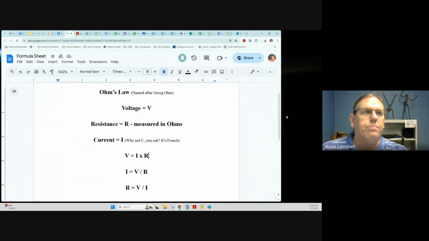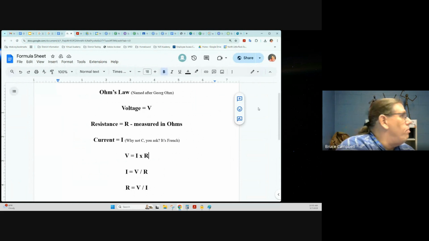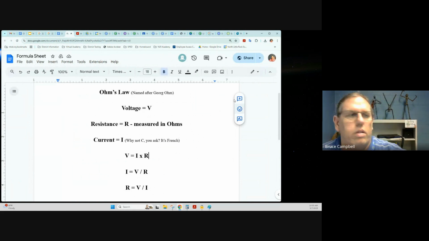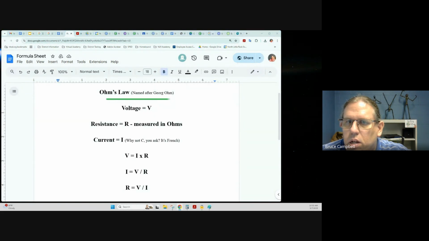Ohm's law, named after George Ohm. Voltage is V. Resistance is R, measured in ohms.